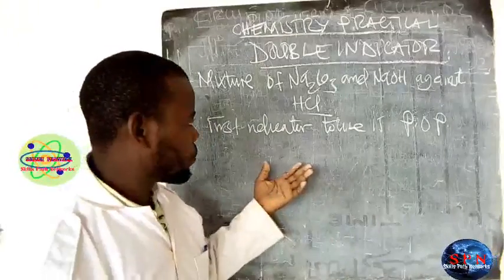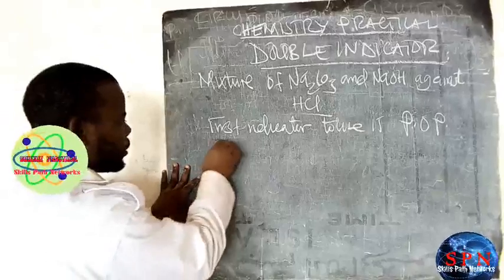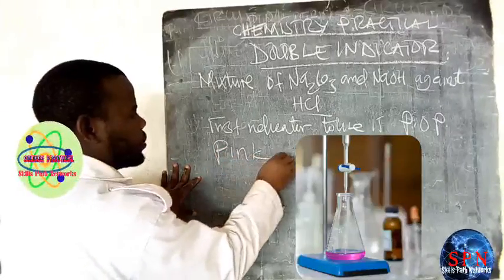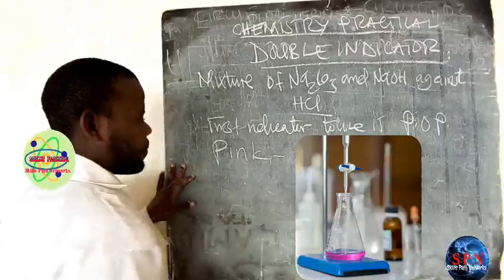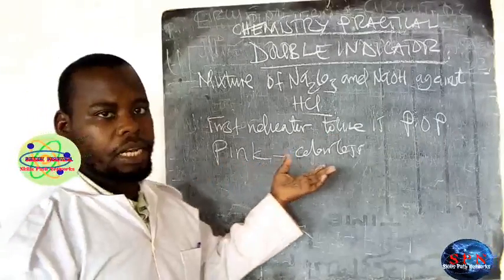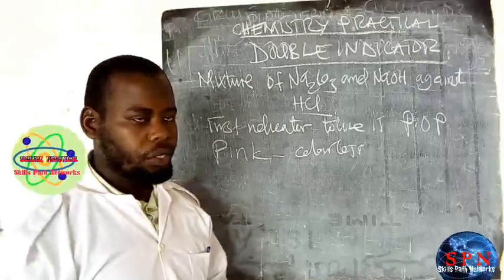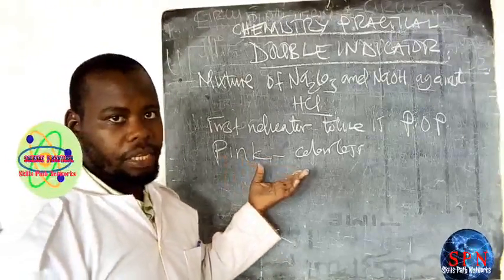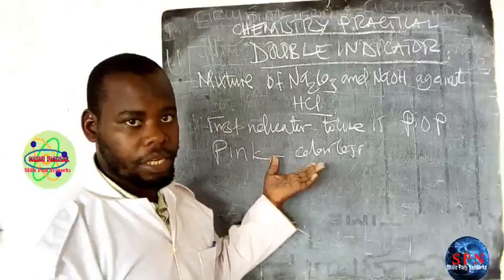But when we start with POP, the color change of the titration will be from pink to colorless. When we reach the colorless point, it means there is a chance of using methyl orange without discarding the solution of the first titration.